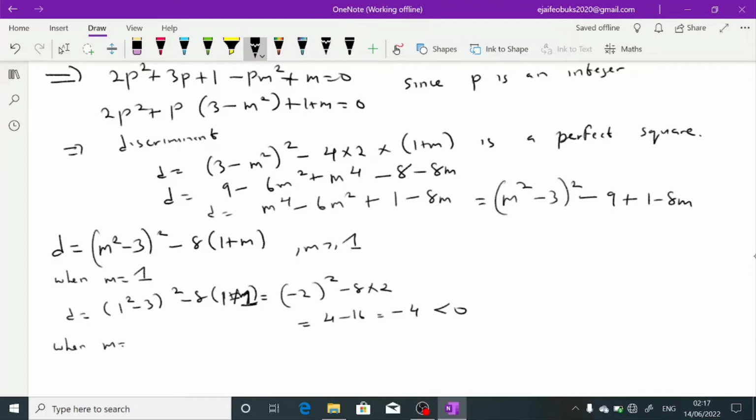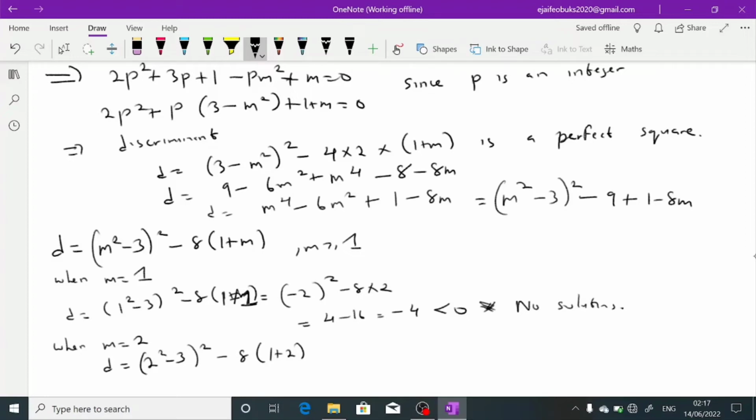When m is 2, let's just put no solution. Discriminant cannot be negative. We've already said if the discriminant is negative, it has complex roots.